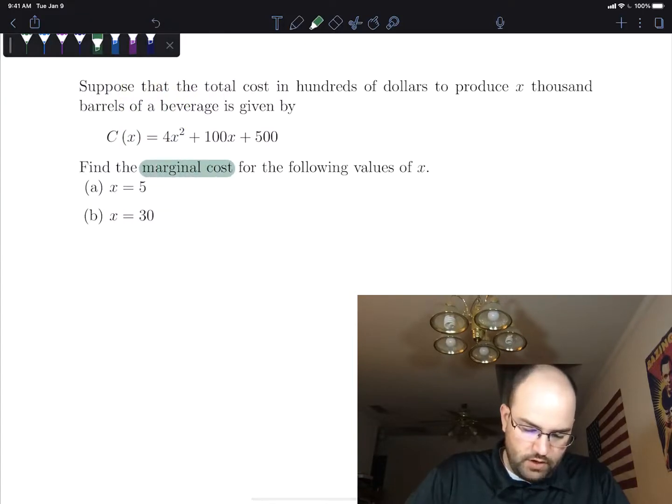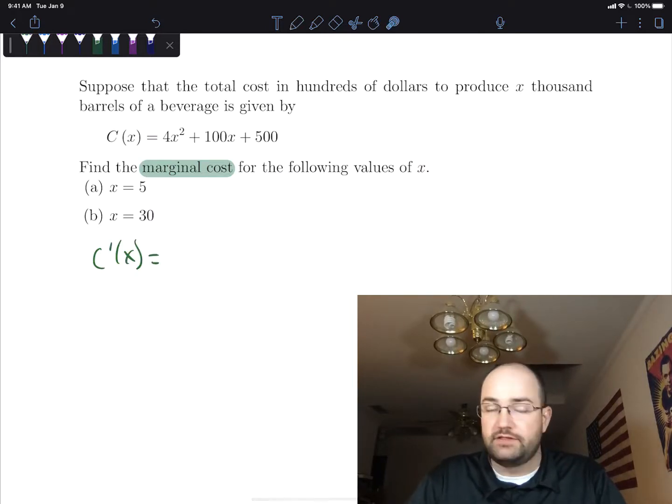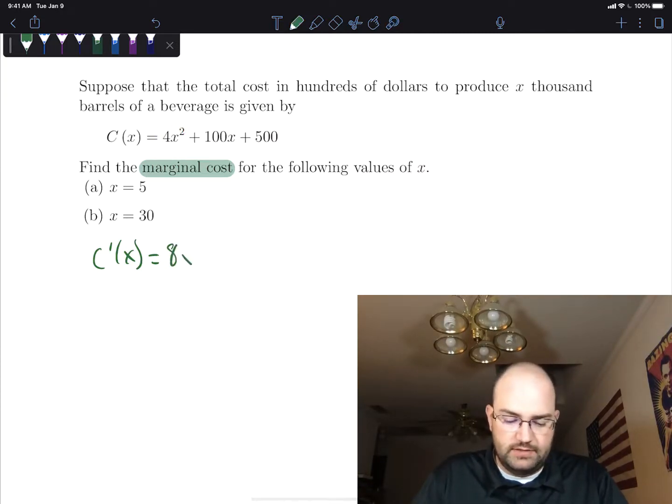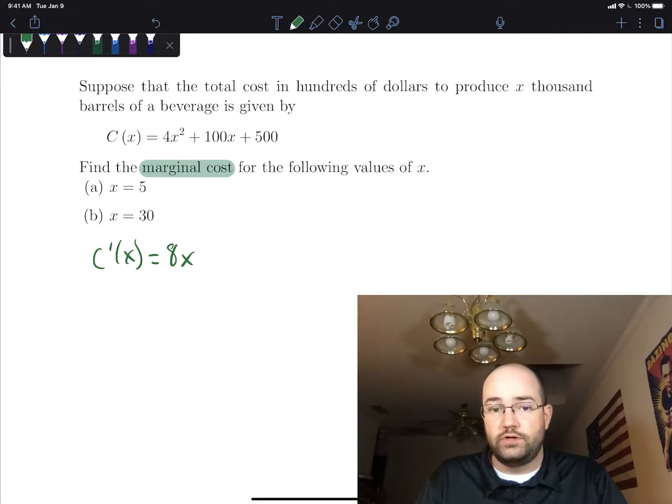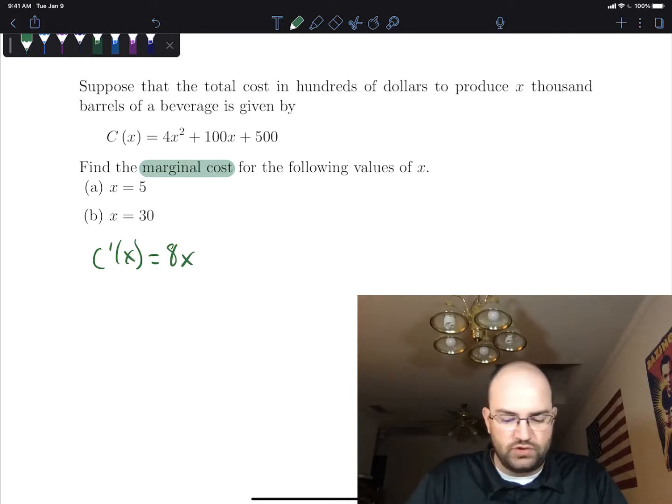So marginal cost is just C'(x), which means we need to go to the function and find the derivative, which really isn't that hard here. It's just a polynomial. 2 comes down in front, 2 times 4 is 8. x to the 2 minus 1 is just 1, so just don't write it. Now for the next one, this is one that actually gives people difficulty, but it really shouldn't.